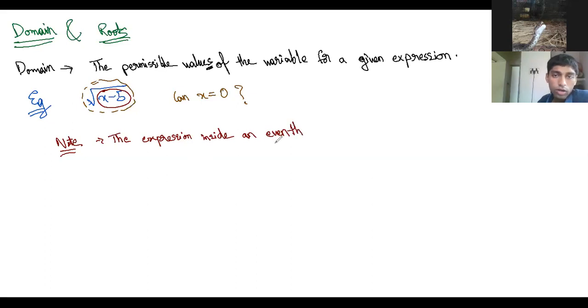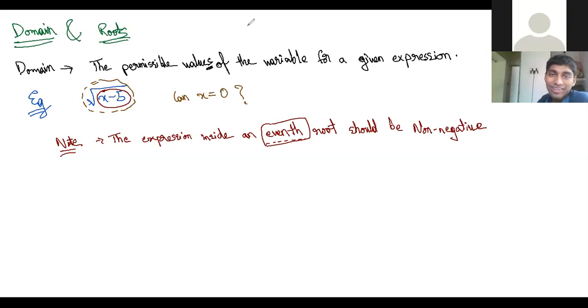I hope this word will not confuse all of you. I don't know if this is an actual word, but I'll explain what I'm saying. The expression inside an even root should be non-negative. What do you mean by non-negative? It should be 0 and all the positive numbers. Good. Non-negative means 0 plus all positive real numbers.